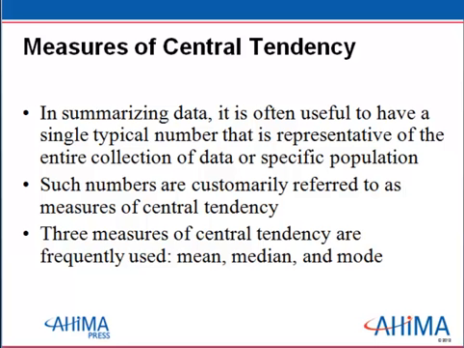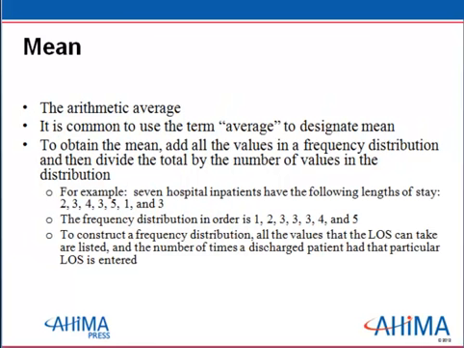It is the sum of a set of numbers divided by the number of data points. There are three measures of central tendency that are used most frequently and that we will discuss in this lecture: mean, median, and mode.